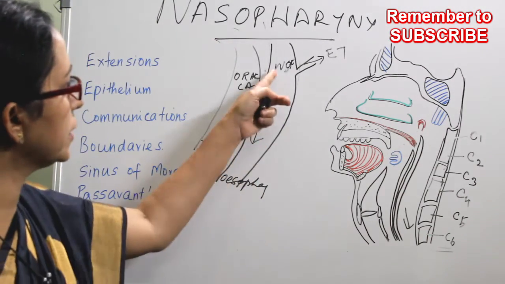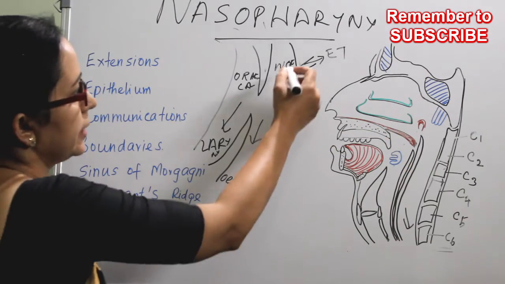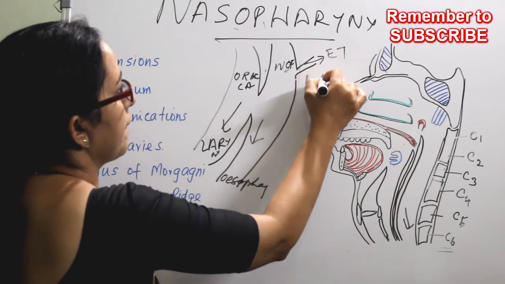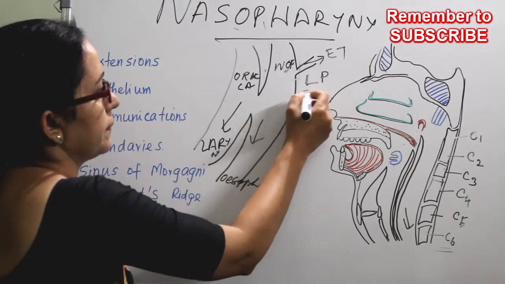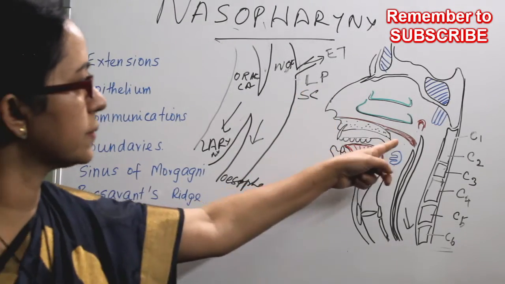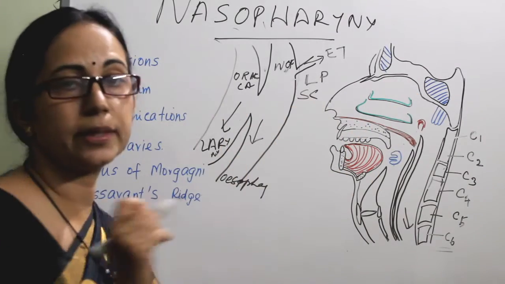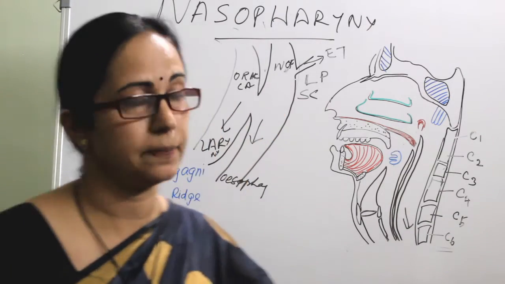So at the junction of nose to the nasopharynx, there act the levator palati and also the superior constrictor. The levator palati and superior constrictor are the muscles which act as the sphincters.